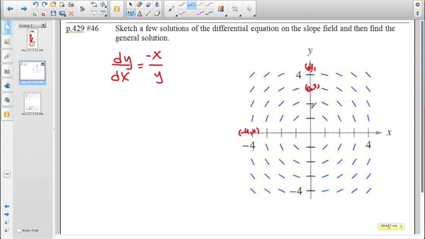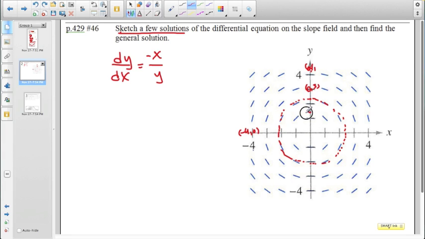We can sketch some general solutions here. So if we look at this, you see how it does look circular. So I'm just going to draw my series of dots around the 4 quadrants here.